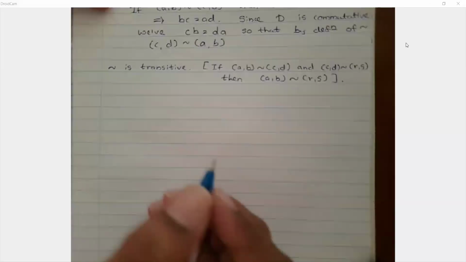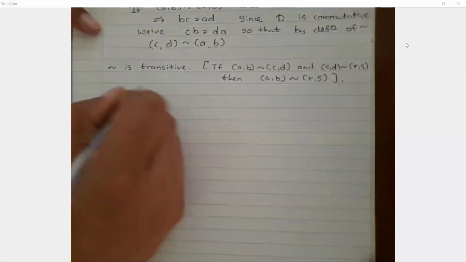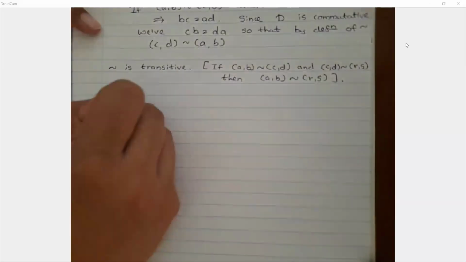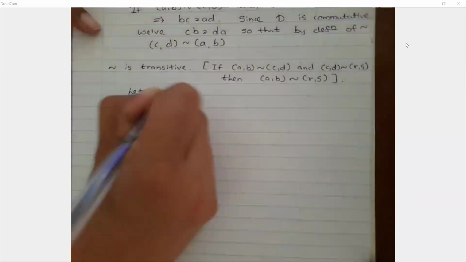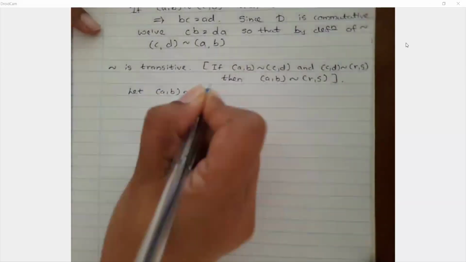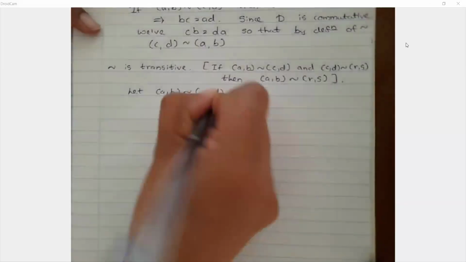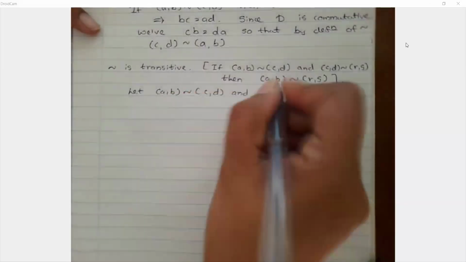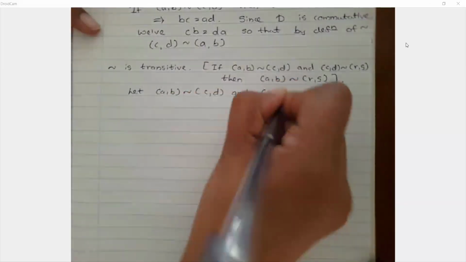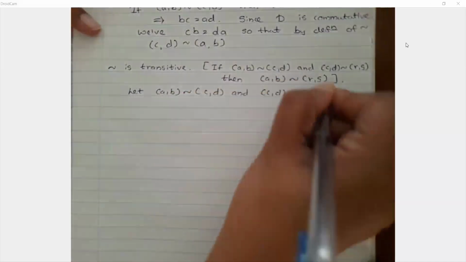Okay. Now, let's take AB to be equivalent to CD and CD to be equivalent to RS.